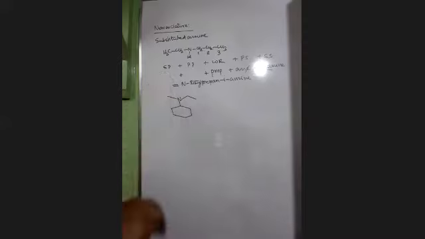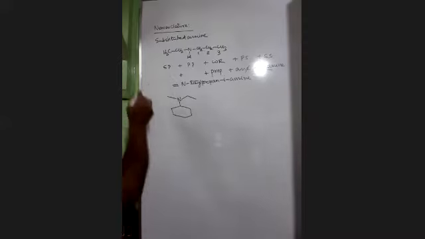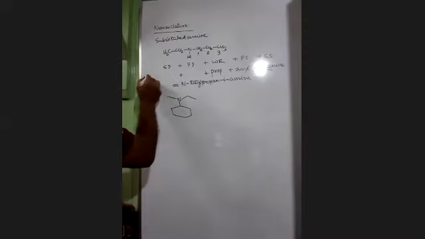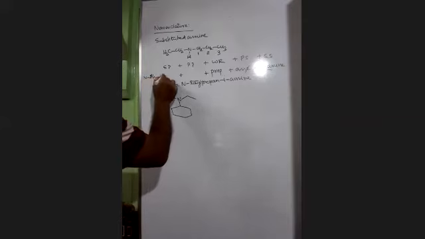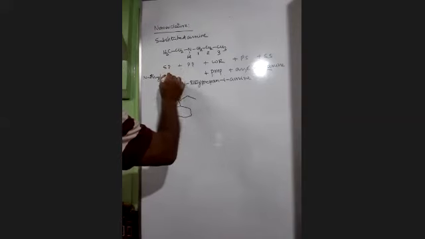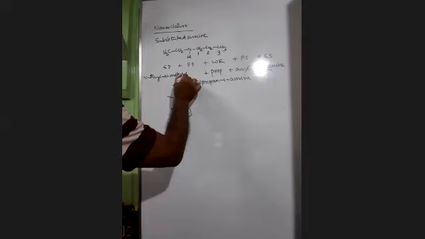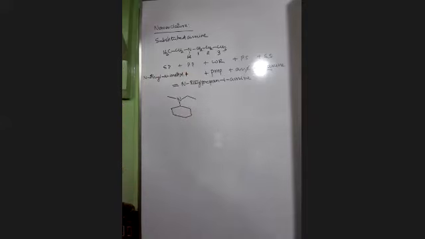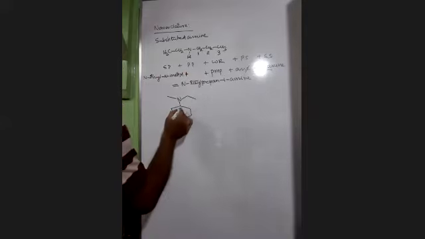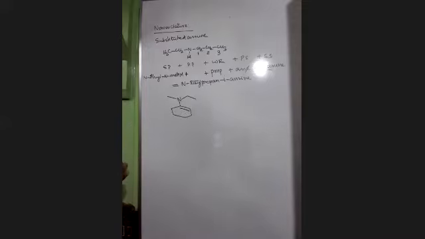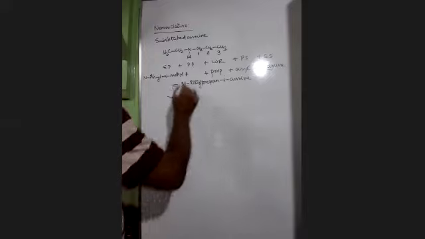I have to write alphabetically. So N-ethyl and methyl. Okay, then I'll put one here also. Now, this is cyclo.